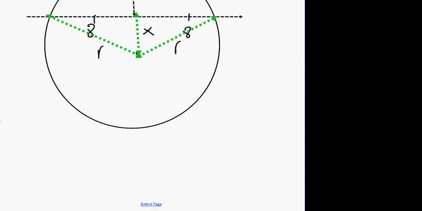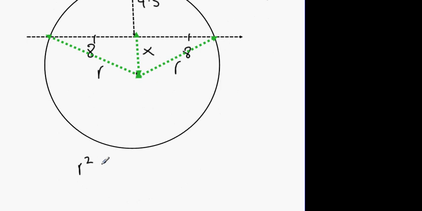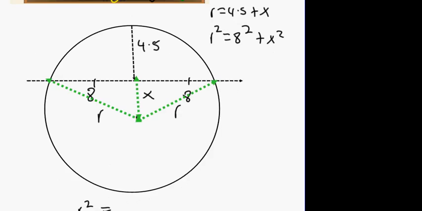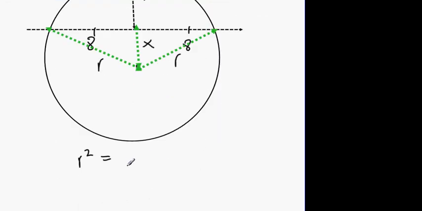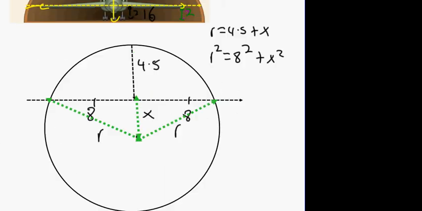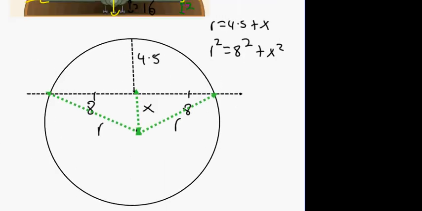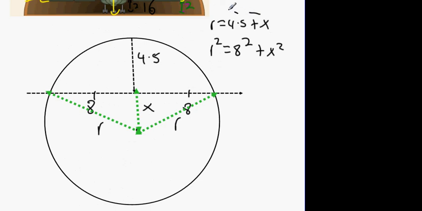Therefore, radius squared equals 64 plus x squared, where x equals r minus 4.5.